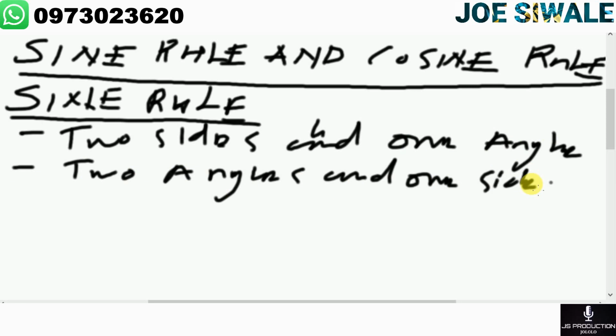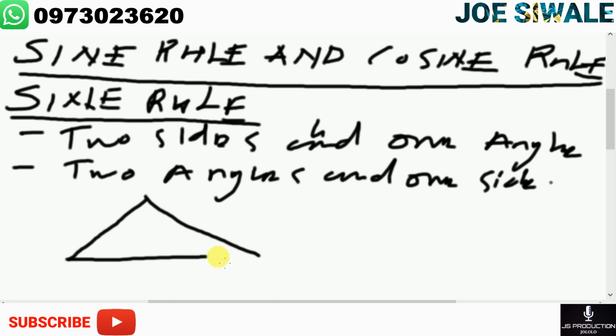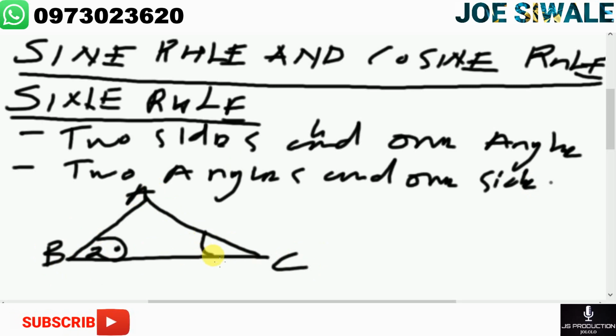So the triangle that you can use the sine rule on can be given in this form. For example, this is A, B, and C, and they have been given the angle here as 2 degrees, and another angle here as 4 degrees, and you have been given the length here as 4 centimeters.